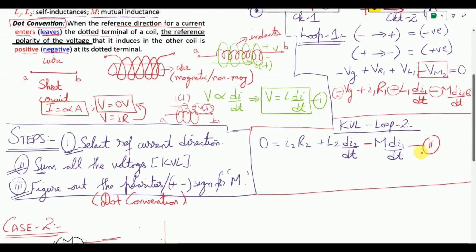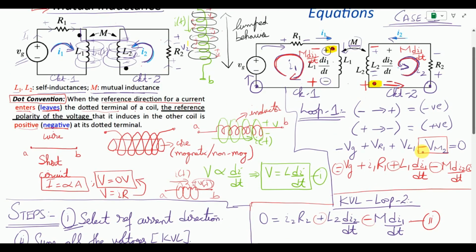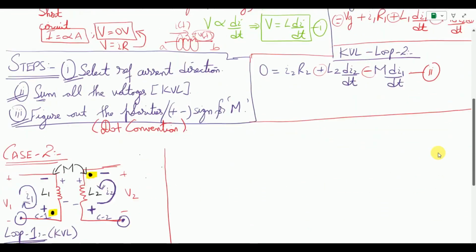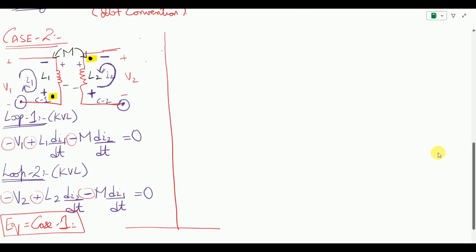The same should go for the second case, where mutual inductance is negative, inductance is positive, and then we have no voltage source, because here we haven't put any voltage source. But again, if there was a source, it would have been a positive value. So case number 1 has the same equations for the loops as case number 2.